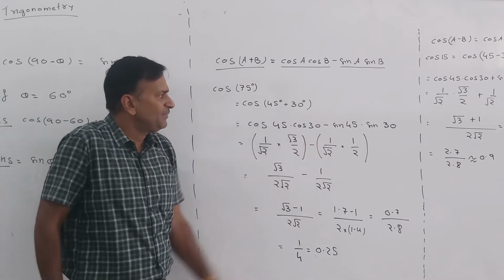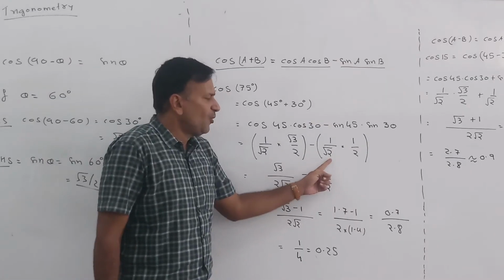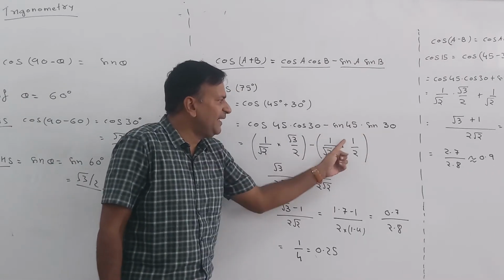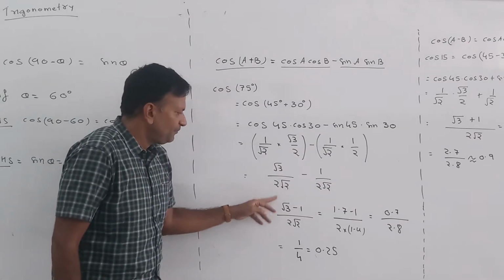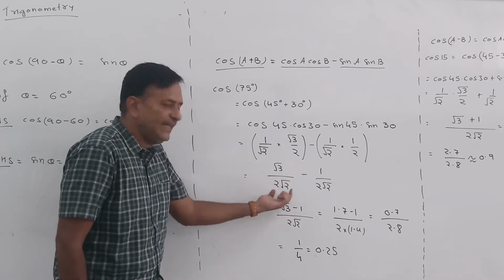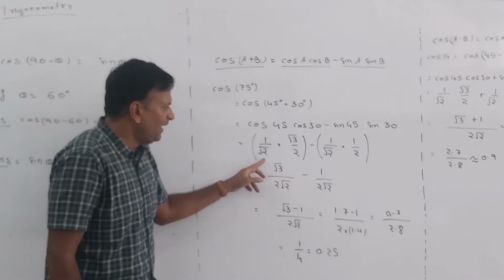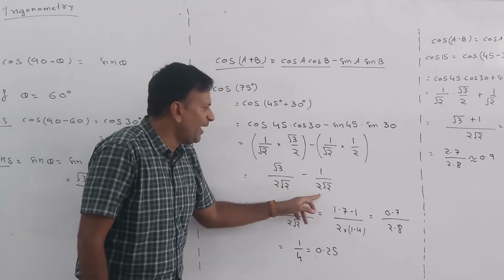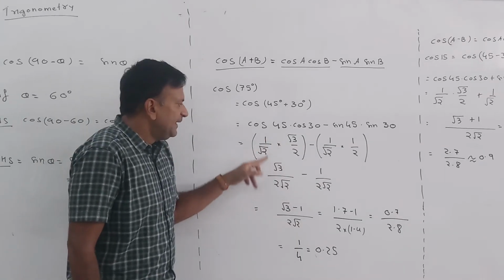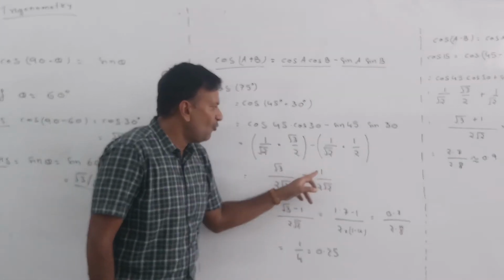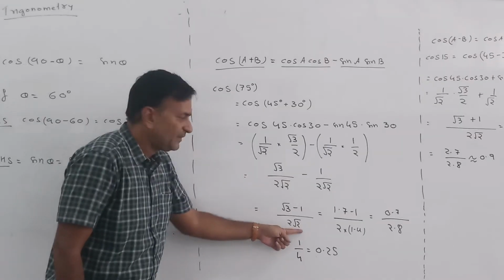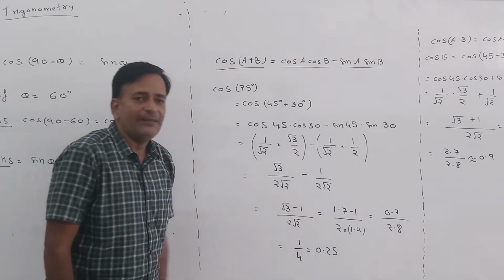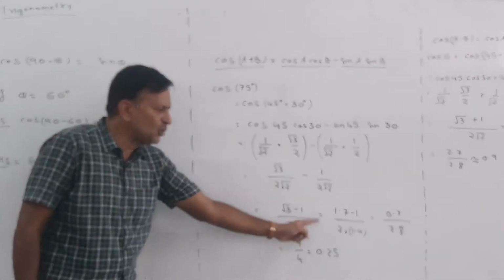Negative sin 45, 1 by root 2, sin 30, 1 by 2. The common denominator is 2 multiplied by root 2. This is root 3 minus 1, over 2 root 2. Okay, this is how you solve it.